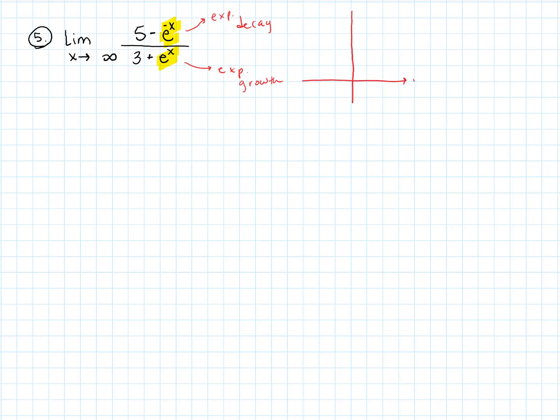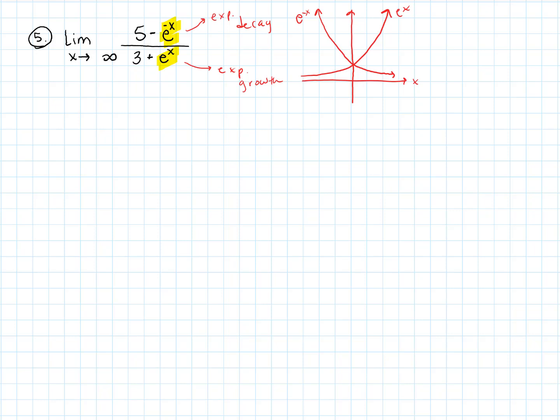You've got your exponential growth function, e to the x, which looks something like that, and then you have your exponential decay function, e to the negative x. So those are just running through my head, that's how those things behave.